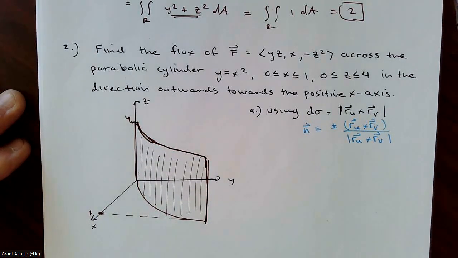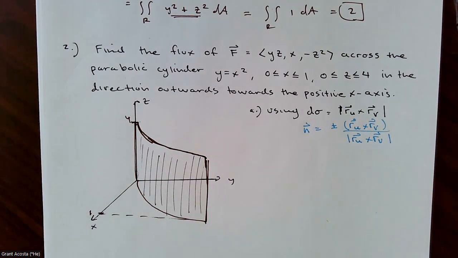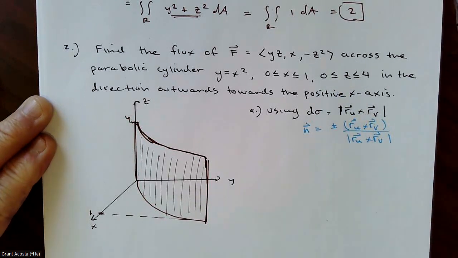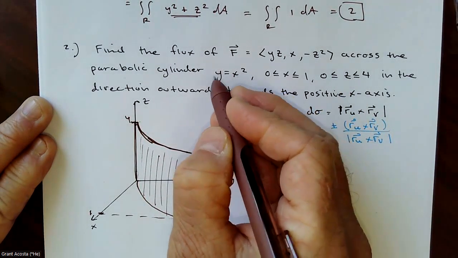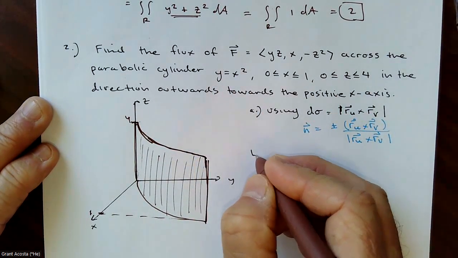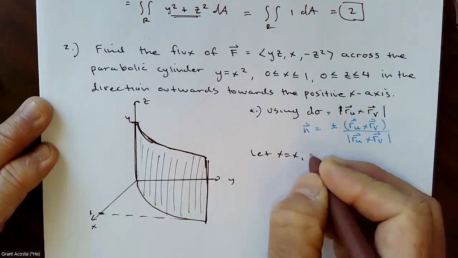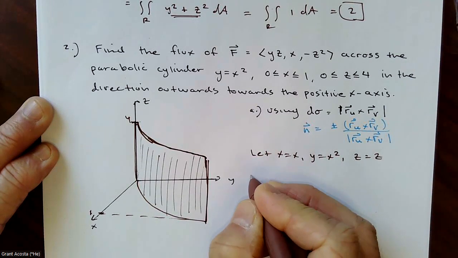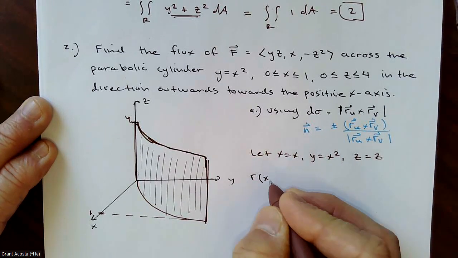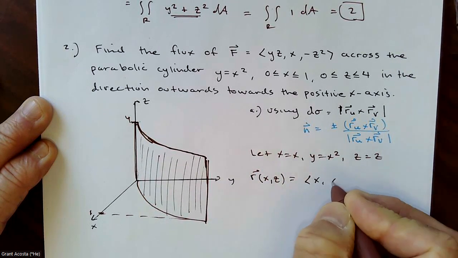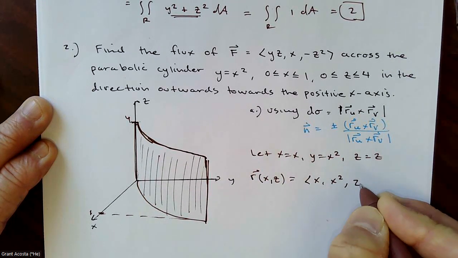So I want to parameterize this surface, and the natural parameterization here, I do need to bring z in there, so I'm going to let x be x, y is going to be x squared, and just have z be z. So I have r as a function of x and z is x, x squared, z.